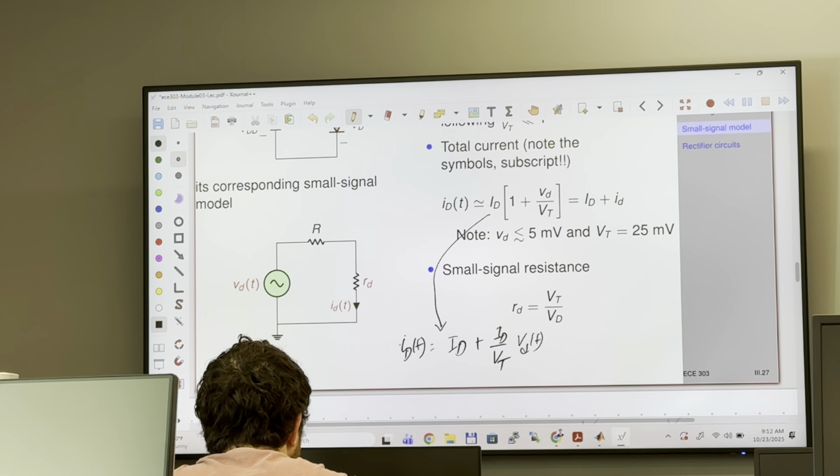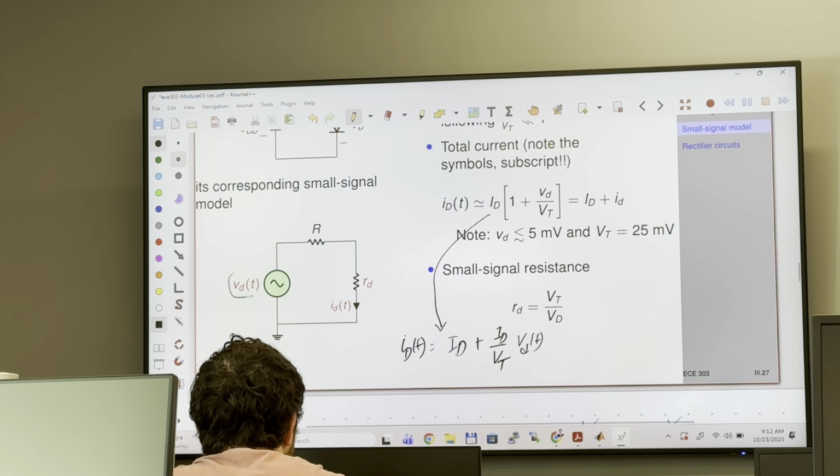Now this v sub d(t) is the small signal, and you have this I_D over V_T.